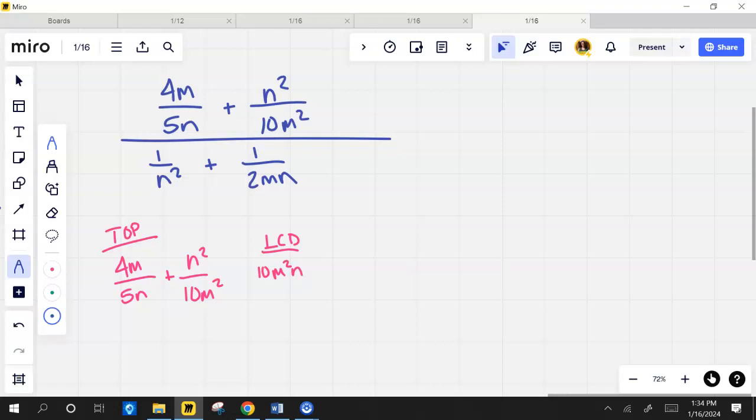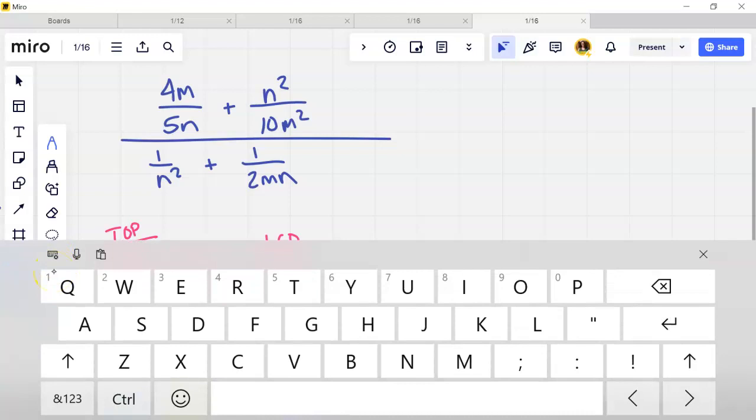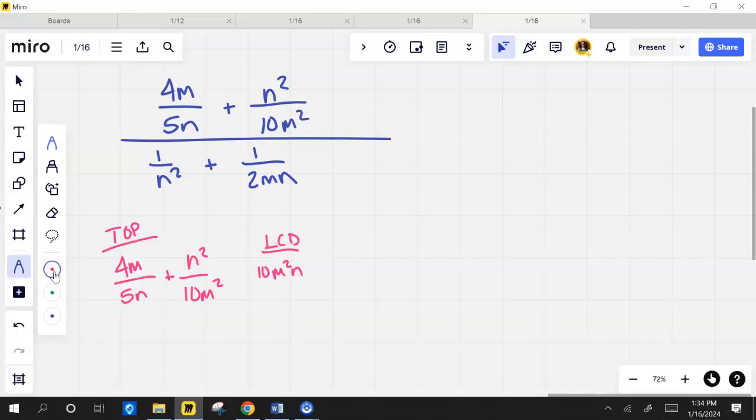So, the 10m squared, or 10nm squared, same thing, yep. So what does the first one need? 2m squared. What does the second one need? Just an n, right? All right, so I end up with 8m to the third plus n to the third.